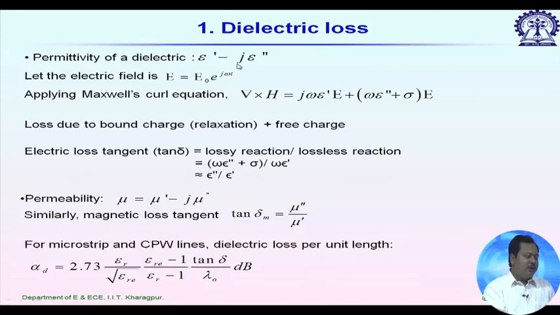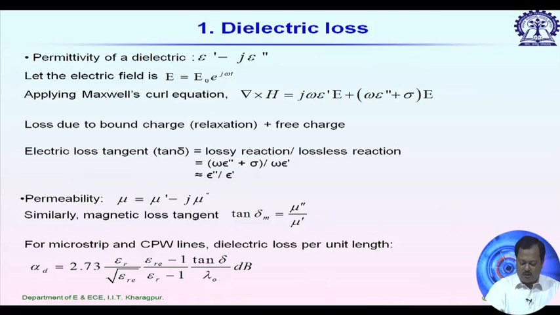Now, let us consider a monochromatic plane wave propagating through this dielectric medium. If it is linearly polarized, the electric field E can be written as E naught into e to the power j omega t. Now, let us use Maxwell's curl equation, curl H equal to J plus del D by del t. Let us solve it and see what happens.